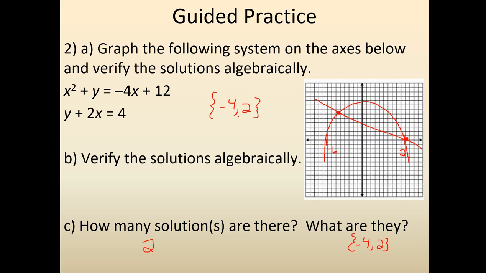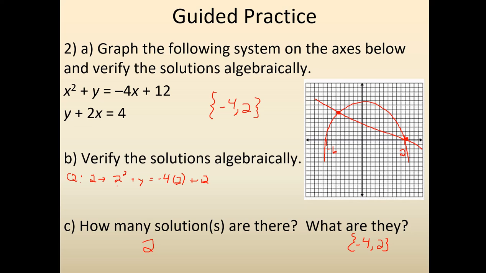If I take these numbers and actually plug them in to see what I get for y, I can do that really quickly. So for the quadratic, if I plug in 2, I end up getting 2 squared plus y equals minus 4 times 2 plus 12.